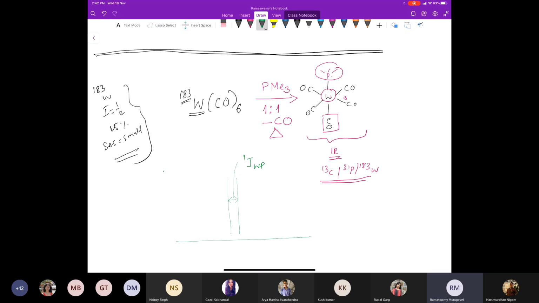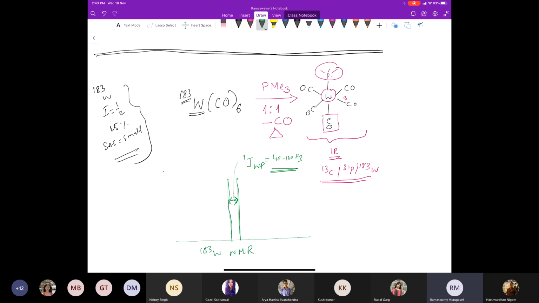I'm doing a tungsten-183 NMR. Only 15% of the molecules will take part in the NMR measurement. 85% will not, because they are not the spin-1/2 isotope. Normally, this is about 40 to 100 hertz. I could be wrong, a few hertz here and there, depending on the nucleus and the other environment.